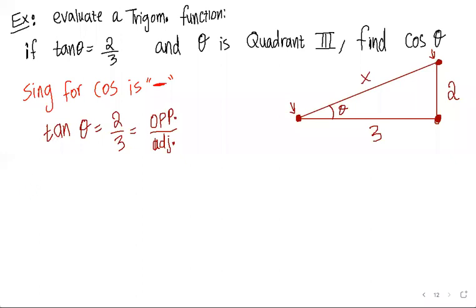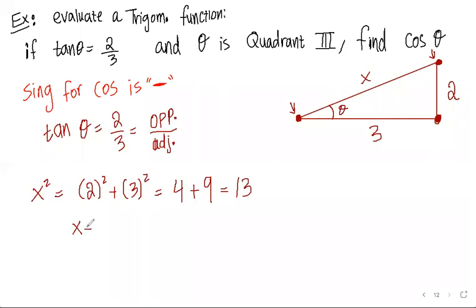So x squared equals 2 squared plus 3 squared. 2 squared is 4, plus 3 squared is 9, and it's equal to 13. To find the value for x, we take the square root of both sides, so x equals the square root of 13. I only use the positive root, I don't have to use the negative, because a length is always positive. So the value for x is the square root of 13.